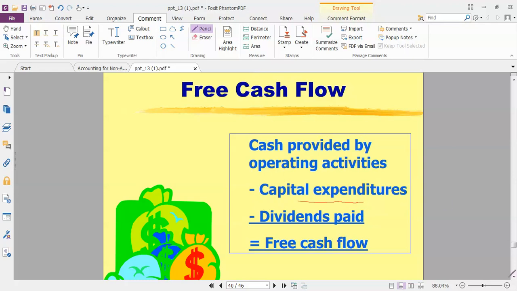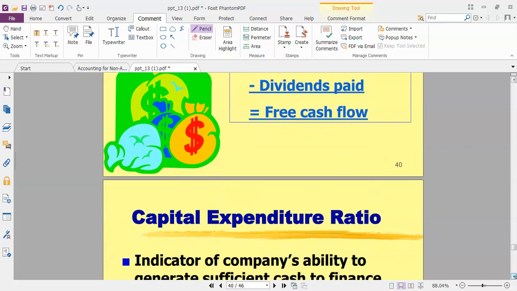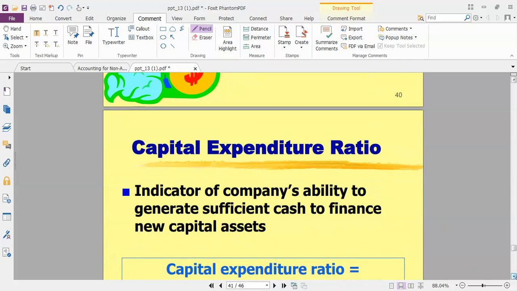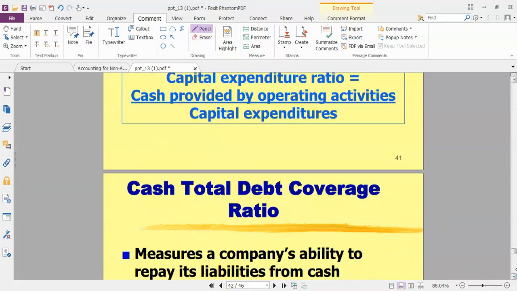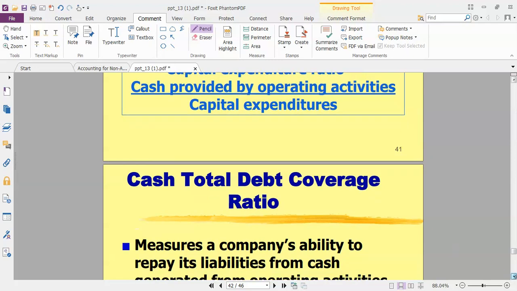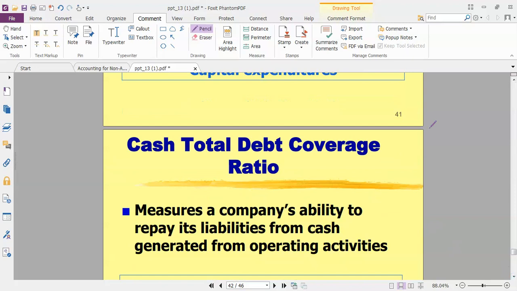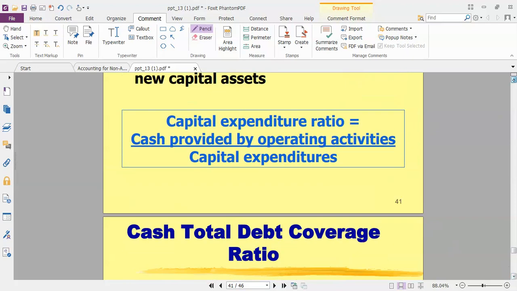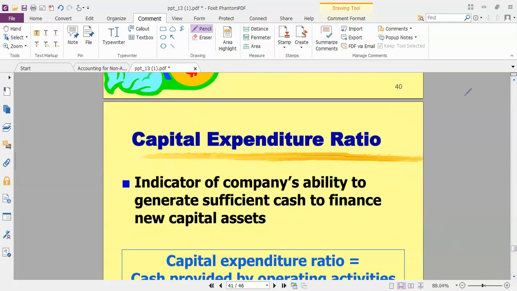That is the formula. And then let's look at the capital expenditure ratio. What is the capital expenditure ratio? It is an indicator of the company's ability to generate sufficient cash to finance new capital assets.